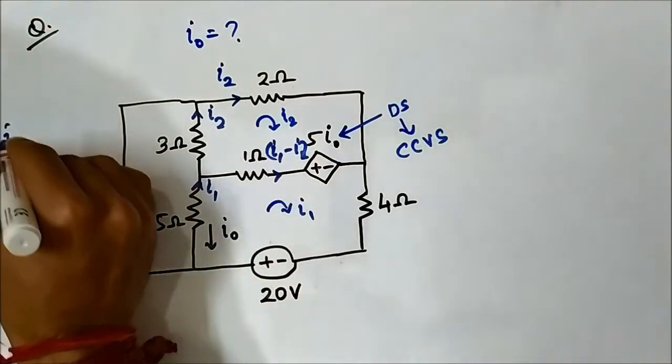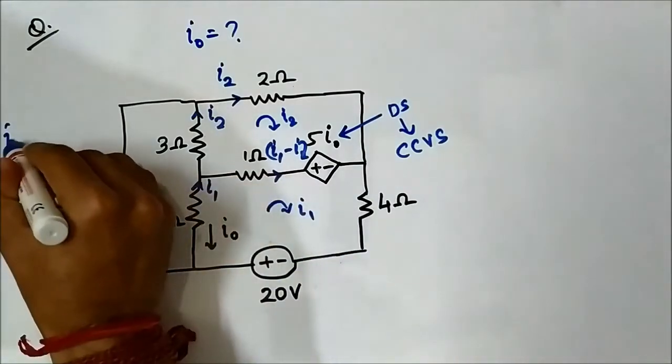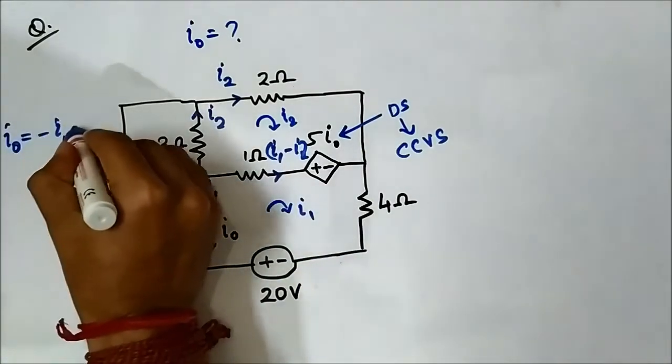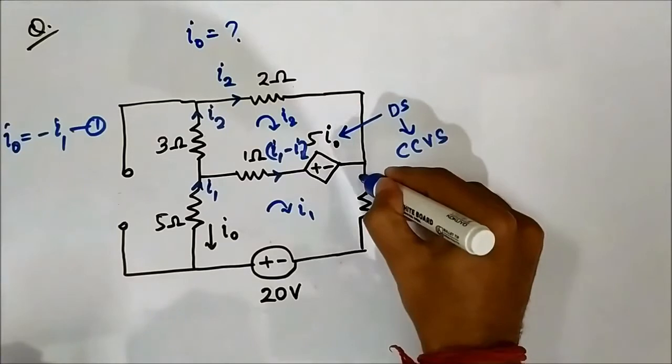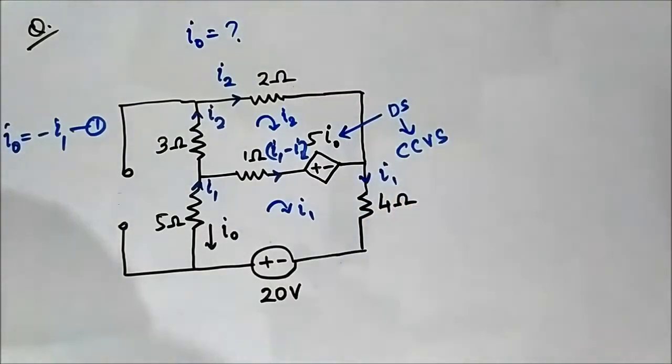So I0 is equal to minus I1. This is the first equation. Another thing, this is also I1, this is also I1.